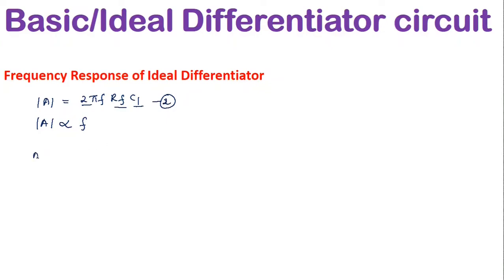So if we put f equal to 0, that means when a DC input is applied to the differentiator, the gain of the differentiator will be equal to 0. So at f equal to 0, we get the gain of the differentiator equal to 0. And if we represent this value in decibels, the gain in decibels will be equal to 20 log of 0.